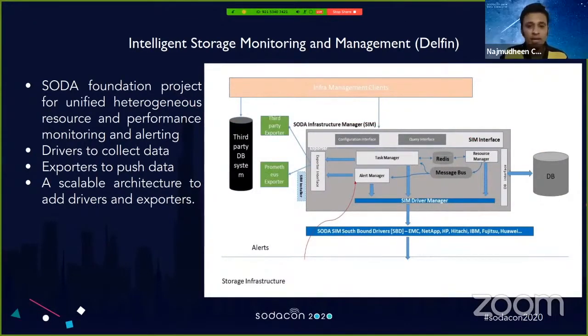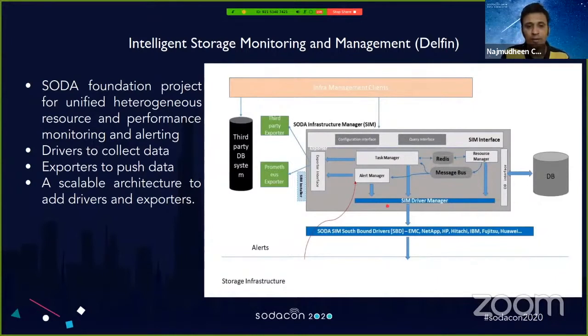Say, for example, if you want to support EMC VMAX, we have an EMC VMAX driver available for monitoring and managing. Similarly, HP 3PAR. So this is a scalable architecture where we can add more drivers to support those devices. Similarly, on the northbound side, we have exporters.